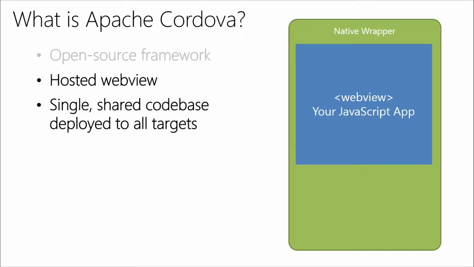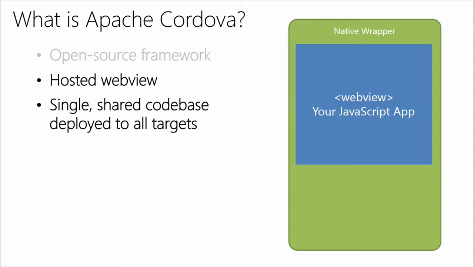What it does is it wraps a web view in a native wrapper. So on all of the major platforms, there's a way to kind of embed a browser into the app, so that when that browser goes to a page, it takes up the full screen and it just feels like that's what the app looks like. That's what you're doing there.